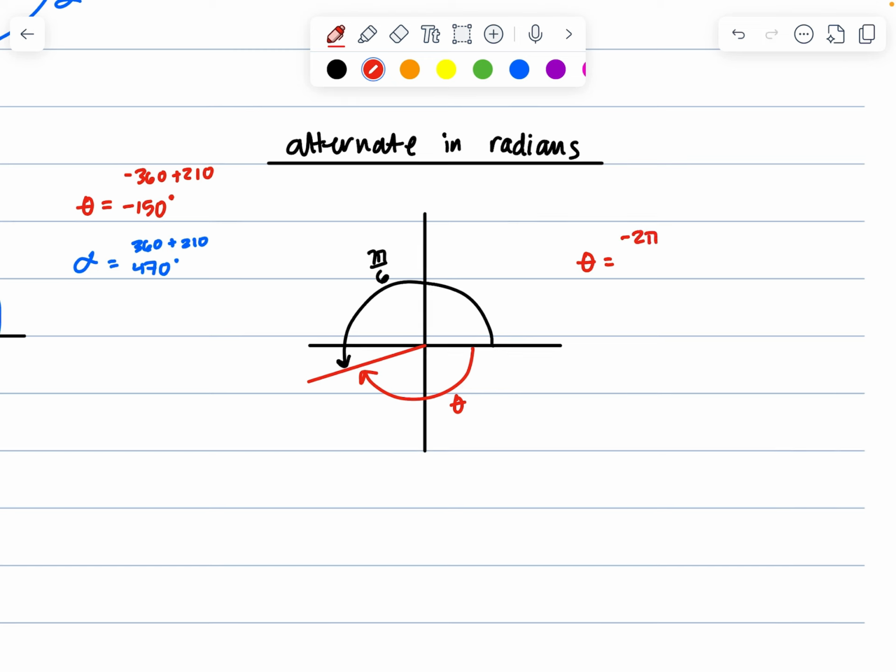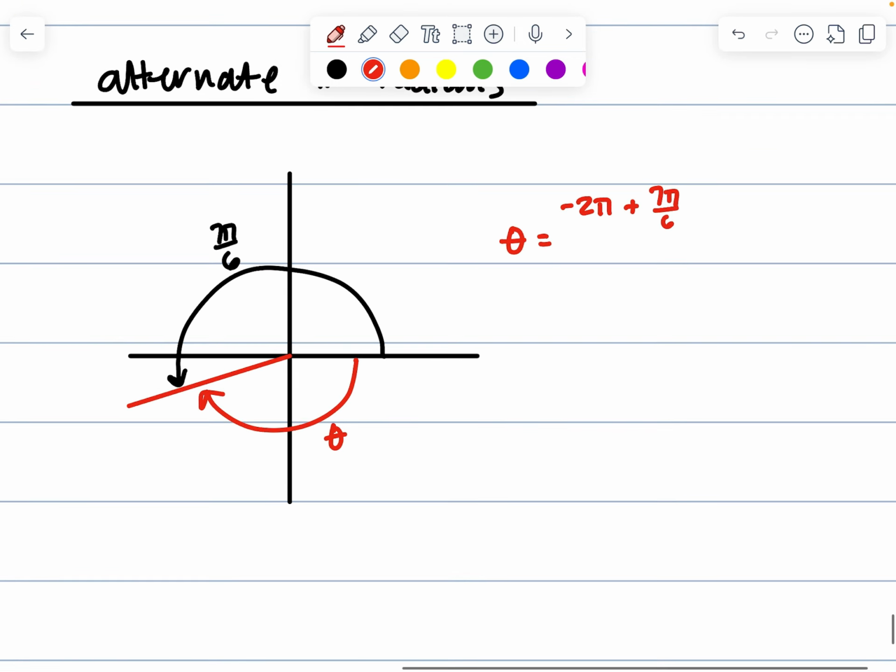So that's negative 2 pi plus the 7 pi over 6. We could do some math here, or if you just know your negative rotation, this will end up being negative 5 pi over 6.